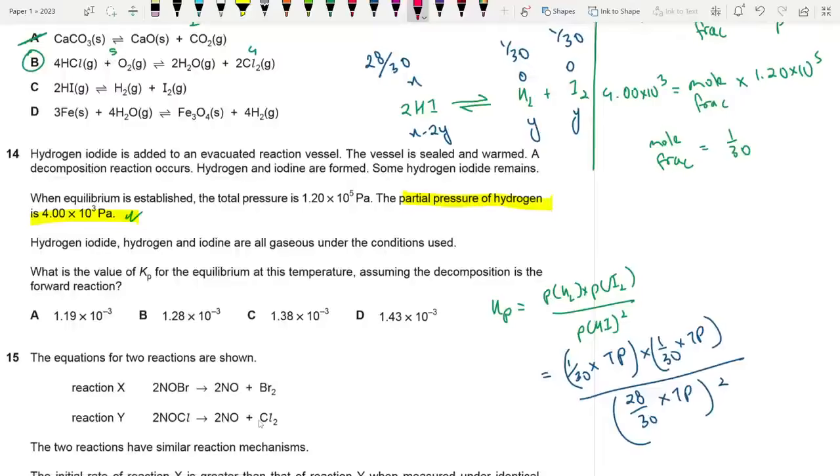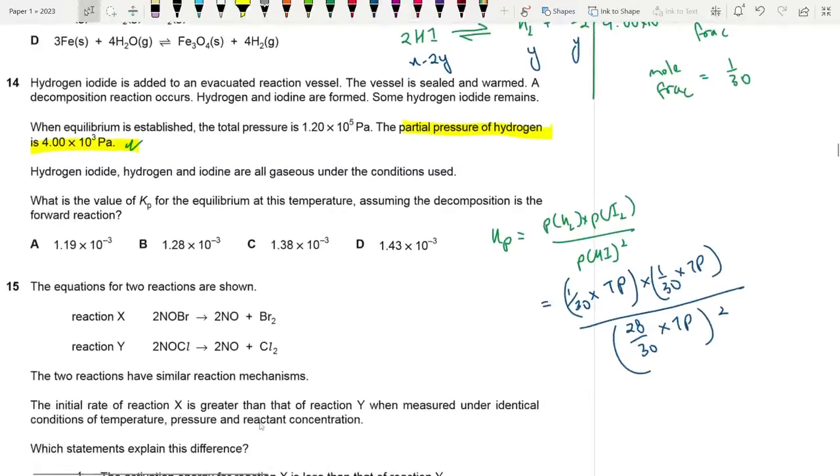So overall, the total pressures get cancelled out because I have 2 total pressures above and also 2 total pressures below. Now ultimately I end up with 1 by 30 whole square divided by 28 by 30 whole square. Now I finally get 1 by 784, which is 1.28 into 10 to the power minus 3.